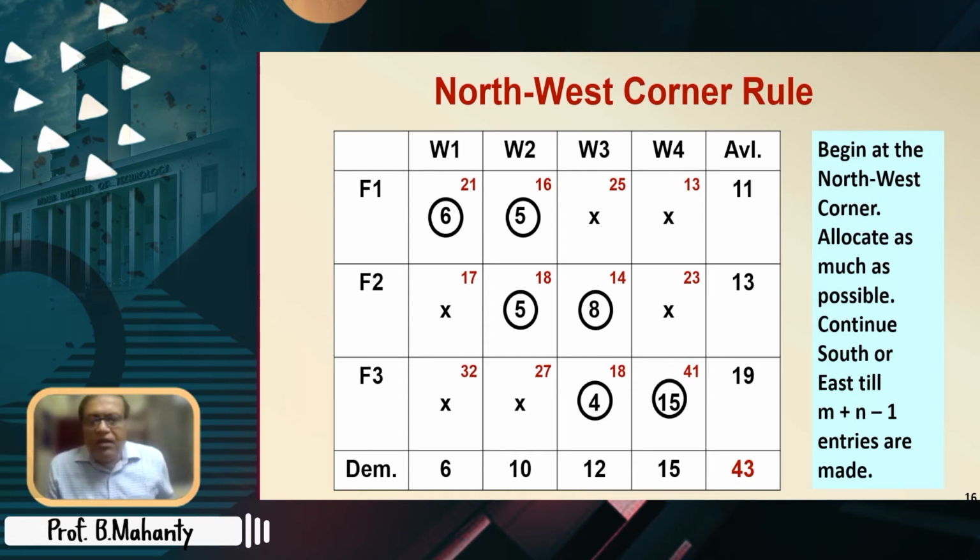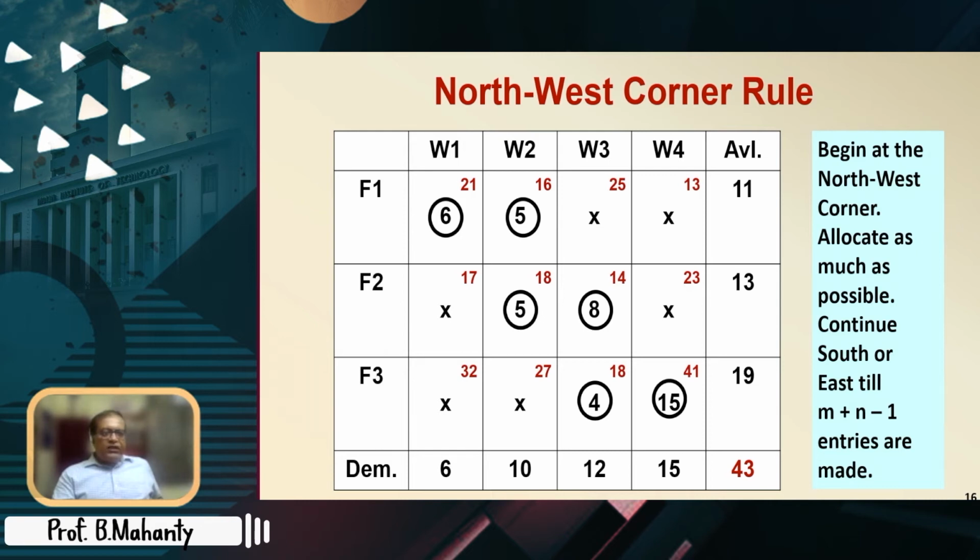Is it clear how we got these entries by the northwest corner rule? I have uploaded the file, but anyhow, I'm telling the values. You see this 6, can you see the 6? Initially this is the northwest corner, so in this northwest corner we put a value of 6. After putting the value of 6, we see that this 6 is exhausted.